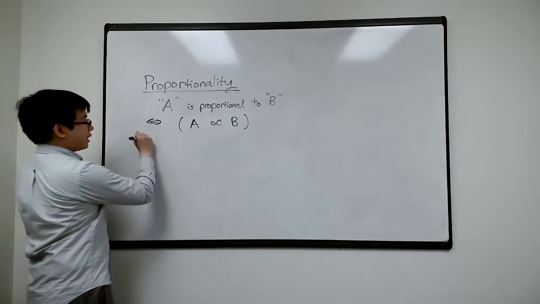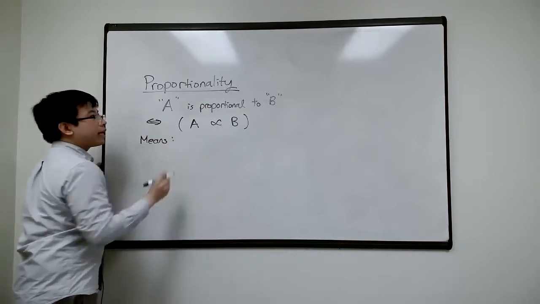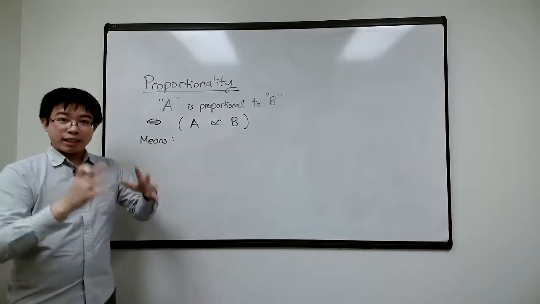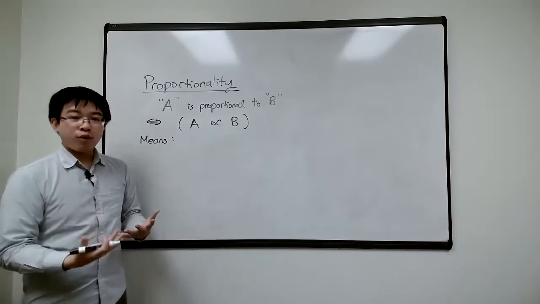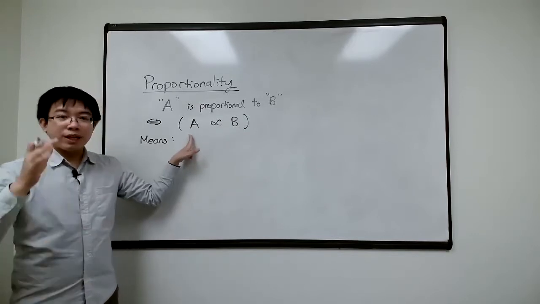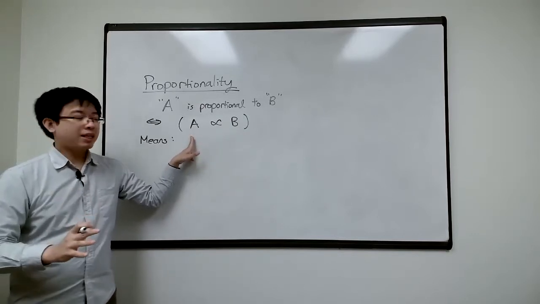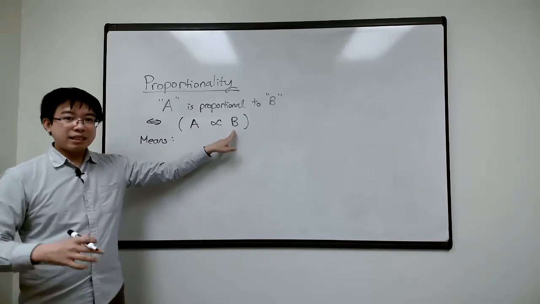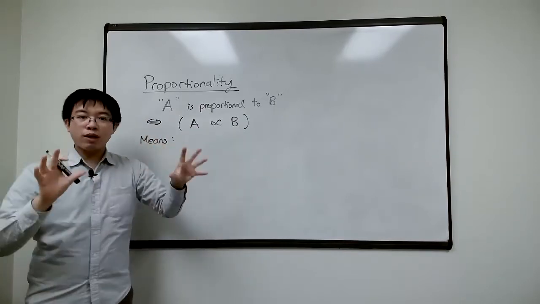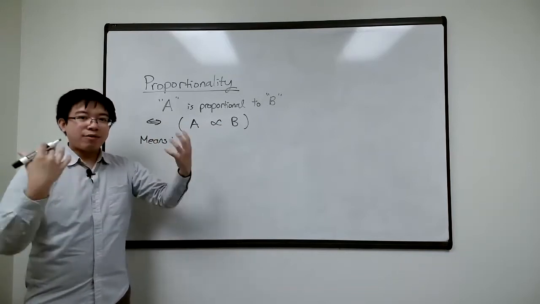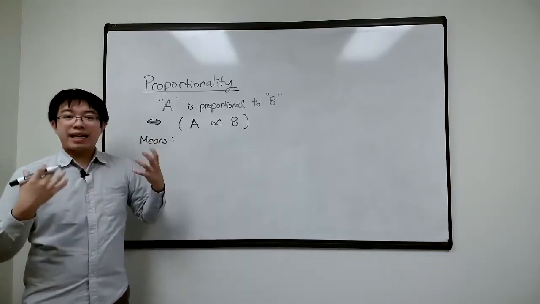What that means is, if one side increases by n times, by 2 times, 3 times, 4 times, whatever, the other side will increase by the same amount of times. Okay. So if B increased by twice, A will increase by twice. If you have two quantities, two things that are related this way, then they are proportional.